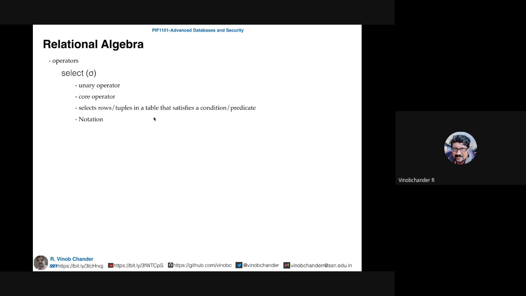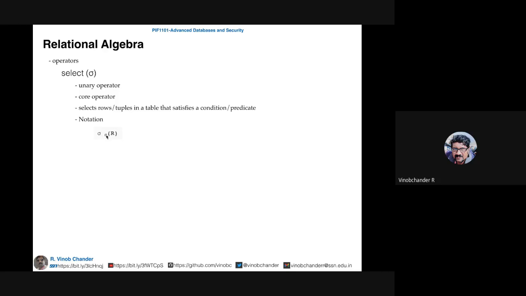And the notation for using the select operator, Akash, looks something like this. You make use of the operator symbol sigma, and then specify, in a very small case just below the selection operator, as a subscript, your condition or your predicate.